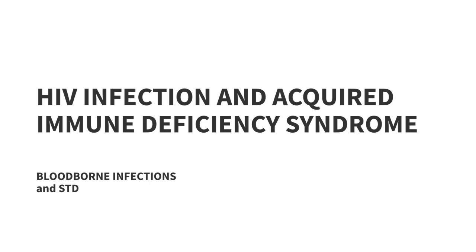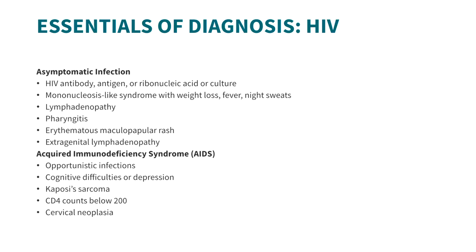The other infection is HIV infection, which, by progression and with no treatment, can develop into acquired immunodeficiency syndrome, or AIDS. It can have an asymptomatic presentation and also an immunodeficiency syndrome presentation.